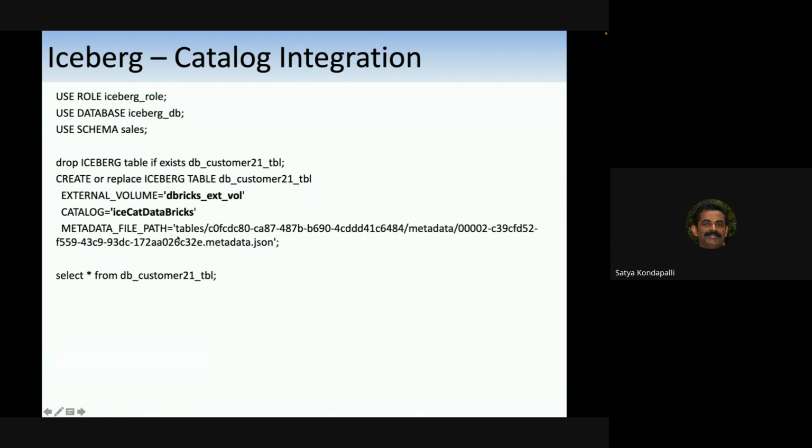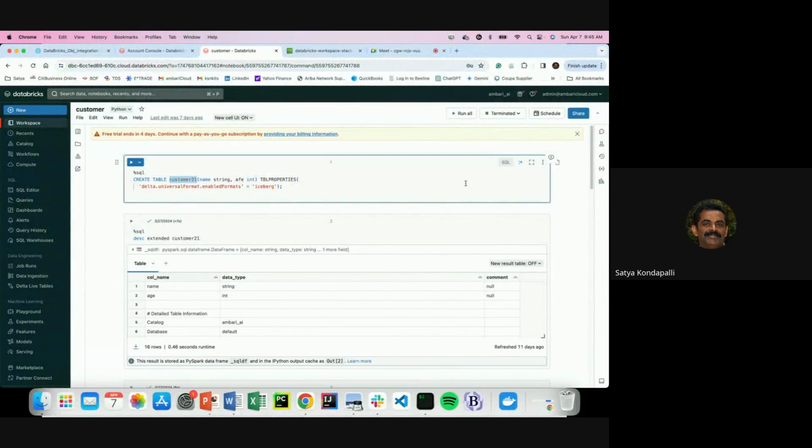Then once we're done, you can query this table from Snowflake as if it is a Snowflake table, but actually it is an Iceberg table. The whole data is sitting on your disk, which is created through Databricks. So when you query, the data is exactly the same as the data you have in your Delta table in UniForm format.